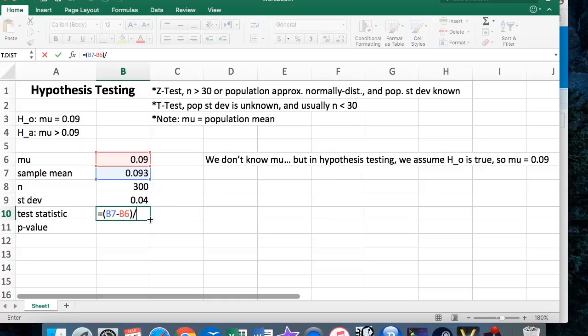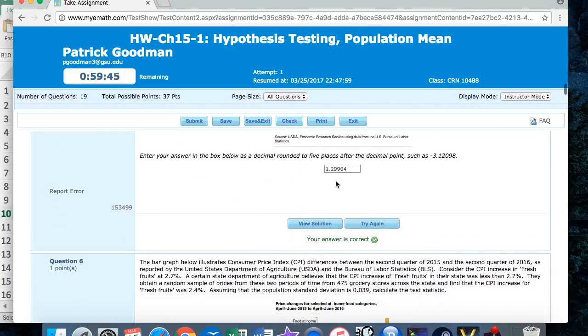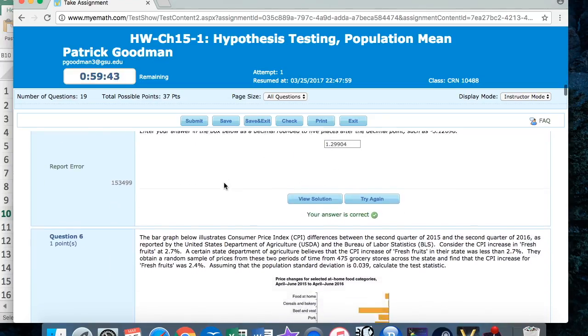Okay, and divide. Now I need my standard deviation. So click on your population standard deviation and divide by the square root of your sample size. Right, that formula should be pretty much common knowledge to us now. And there's your test statistic right here. So you'd hit copy, and you paste it over here, and you see it's correct.